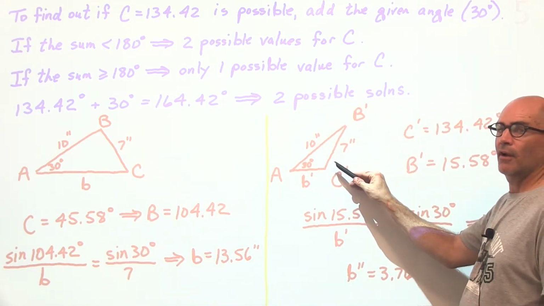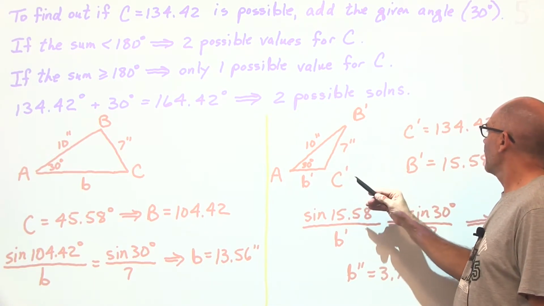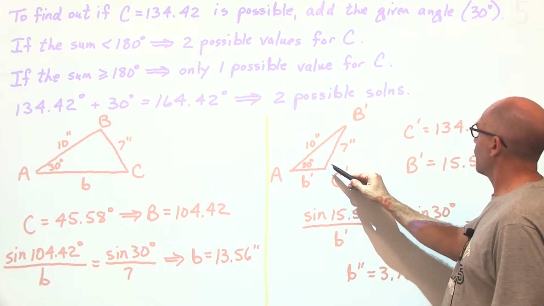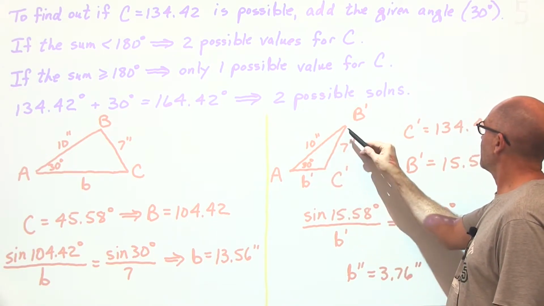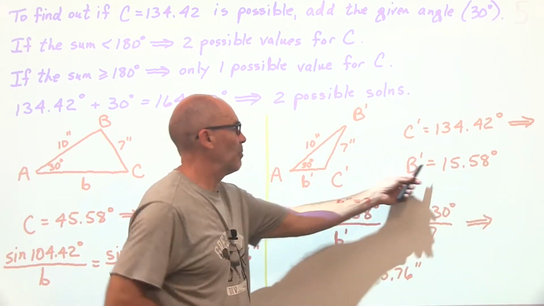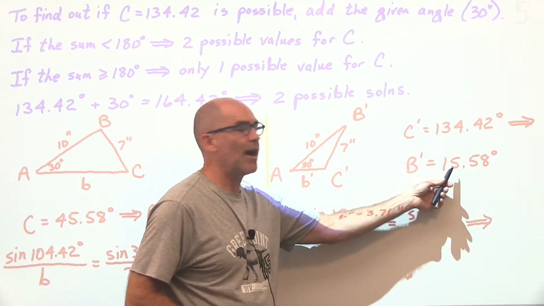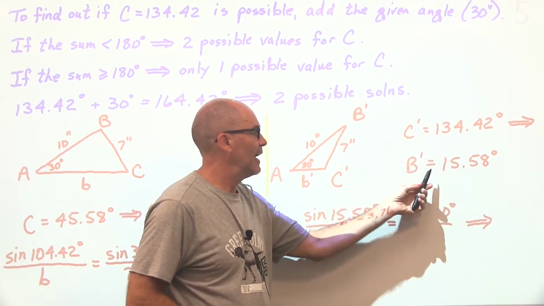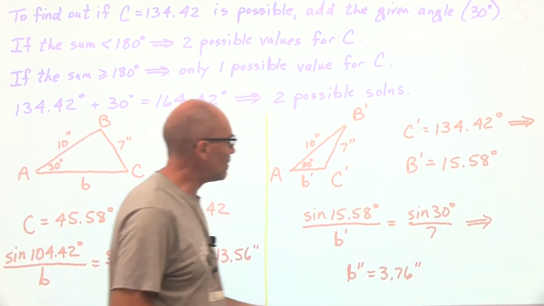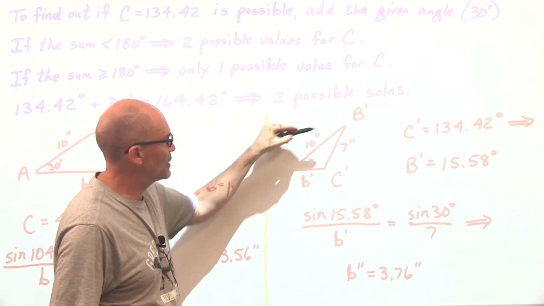Now, what about the case where angle C is not 45.58, but it's 134.42? Okay, well, let's check that out. So now, when you go 134.42 plus 30 and subtract that from 180, you get the new angle B, which I'm going to call B prime and C prime. The new angle B is 15.58 degrees. All right, now we have the same situation.